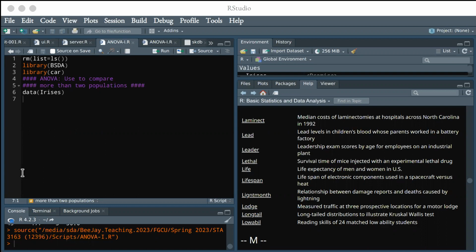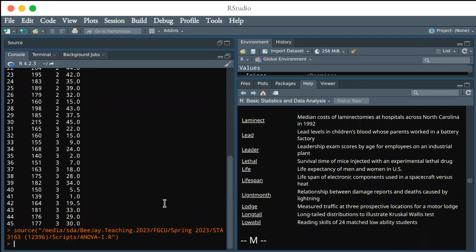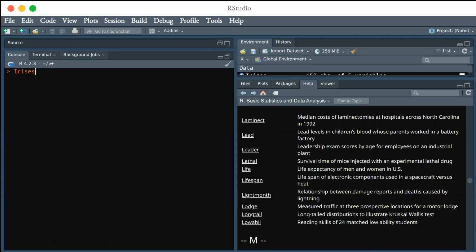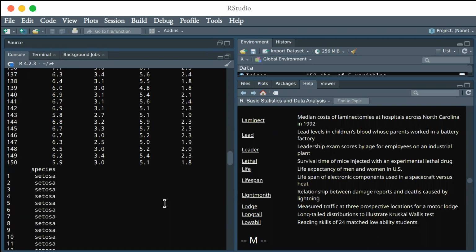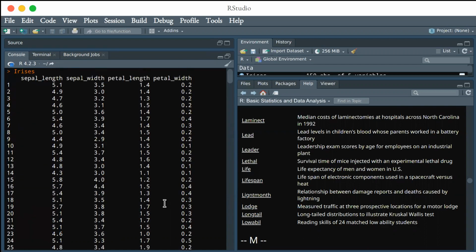So the data itself, there it is. We have sepal length, sepal width, petal length, petal width.